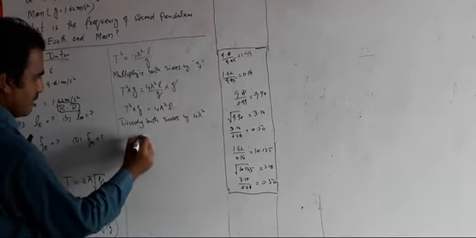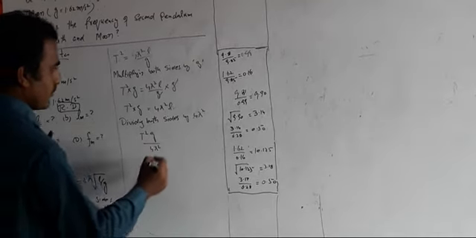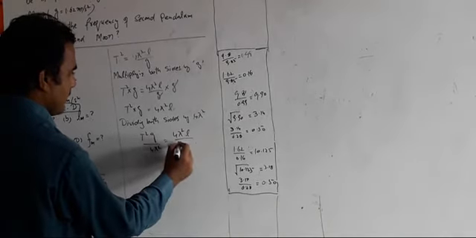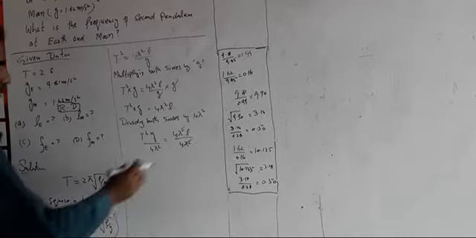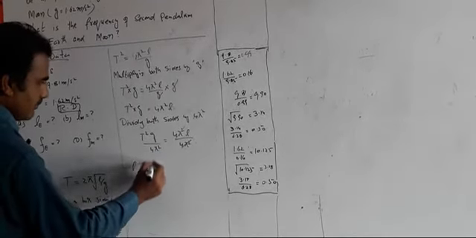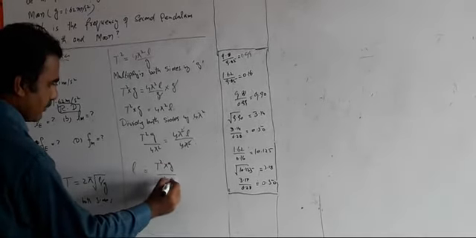So it will become T square g divided by 4 pi square equal to 4 pi square multiply L divided by 4 pi square. Here these 4 pi squares will cancel with each other. Now I will write this length on this side. So L will become T square multiply g divided by 4 pi square.